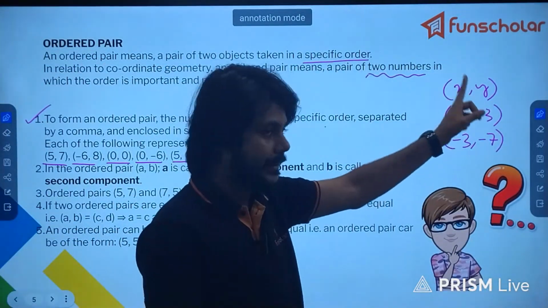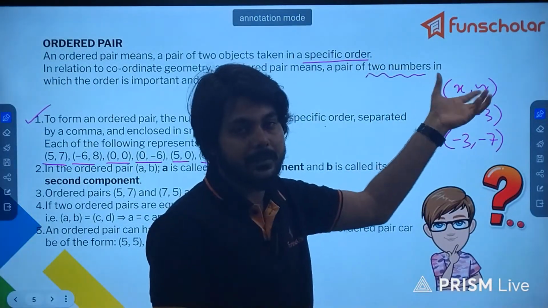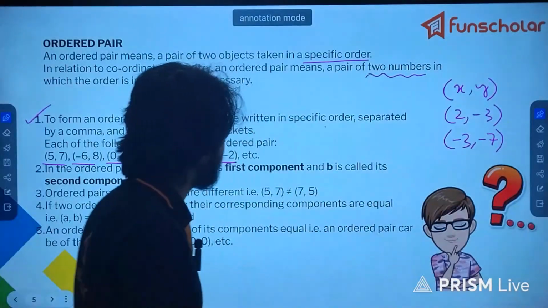They are written in a specific order by using a comma to separate the two numbers.